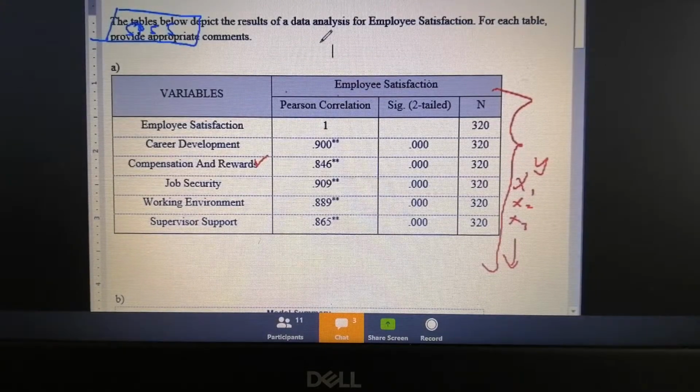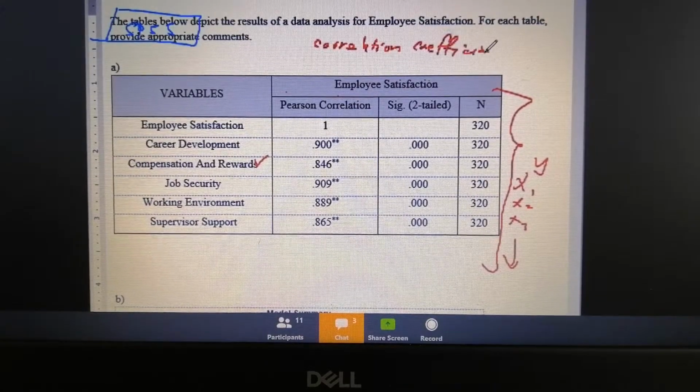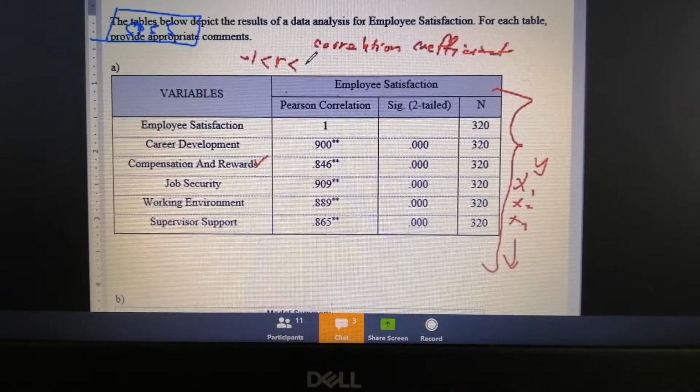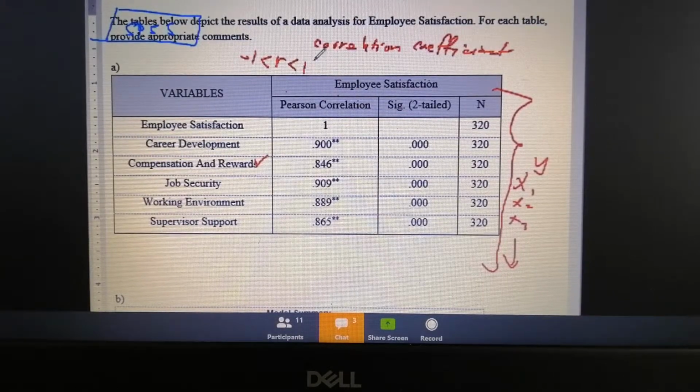The correlation coefficient has to be between -1 and 1, where r is the correlation coefficient symbol. Whatever is close to 1, we call a strong linear positive relationship, and whatever is close to -1, we call a strong negative linear relationship.